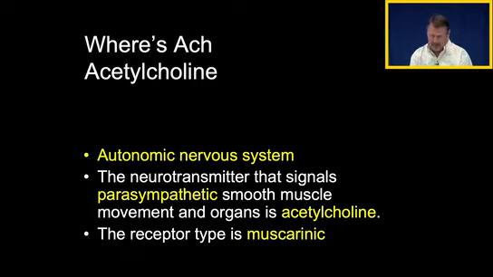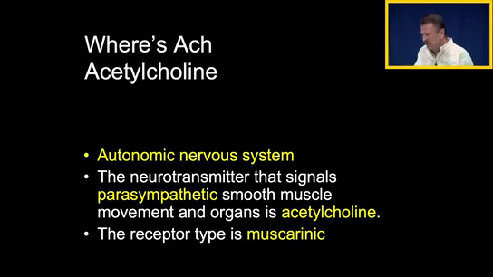All right, so the autonomic nervous system signals smooth muscles in the organs, and that uses acetylcholine. The receptor type is called muscarinic because of muscarine toxin. I think that's from mushrooms, and it has a high affinity for these muscarinic receptors.